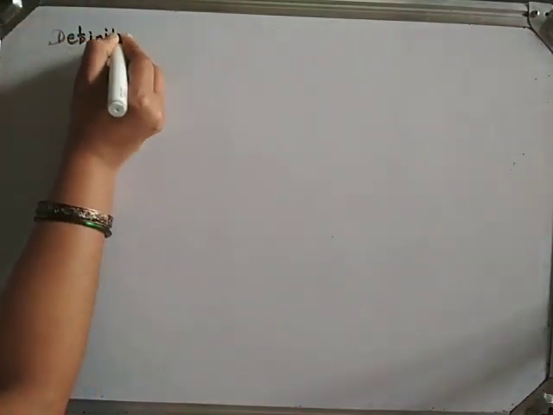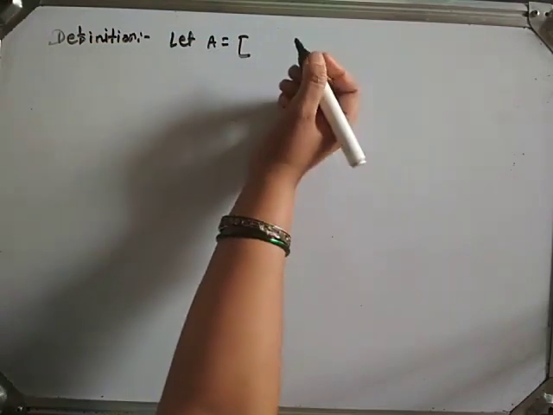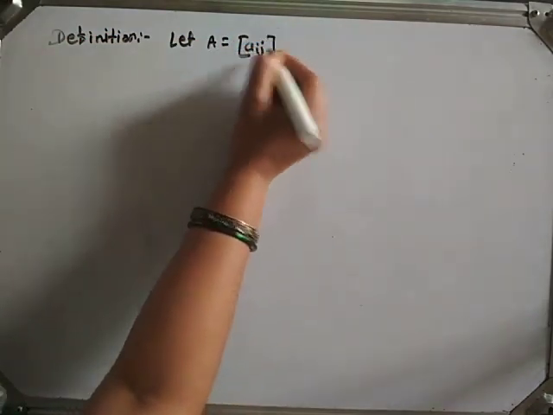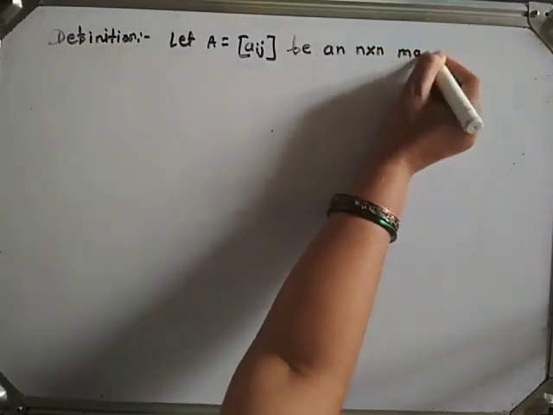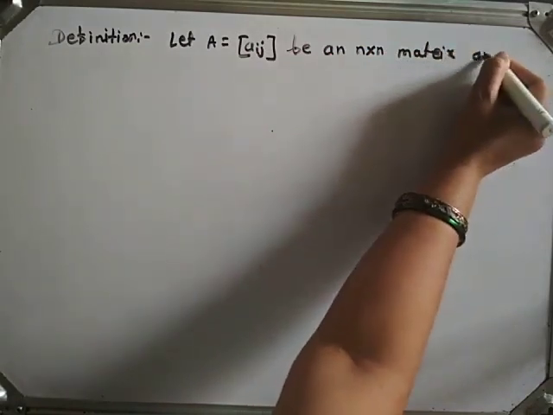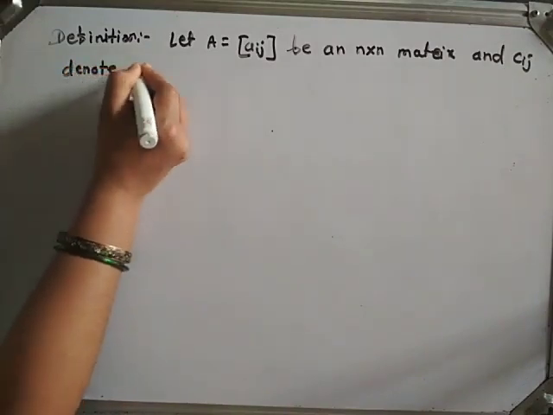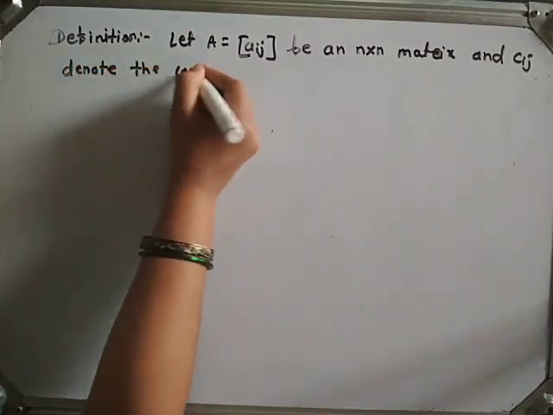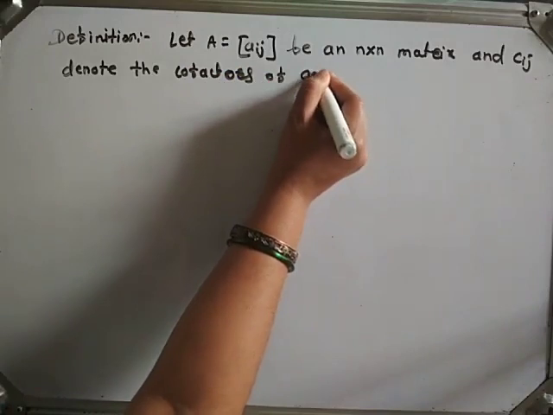Hello students, let us start with the definition of the cofactor matrix. Definition: let A equal matrix Aij be an n by n matrix, and Cij denote the cofactors of Aij.